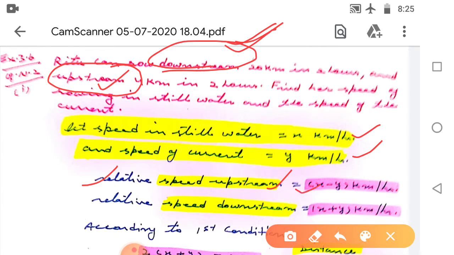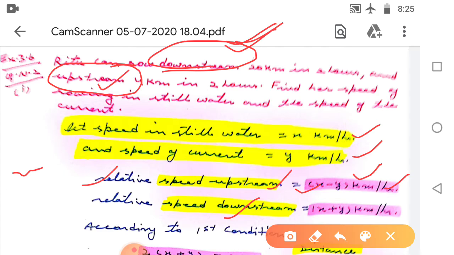That is x minus y kilometer per hour. In still water the speed is x kilometer per hour, but water is flowing at y kilometer per hour when you are going upstream against the water, right? So we have to subtract the speed of current from the speed of rowing in still water. So relative speed upstream is x minus y kilometer per hour.